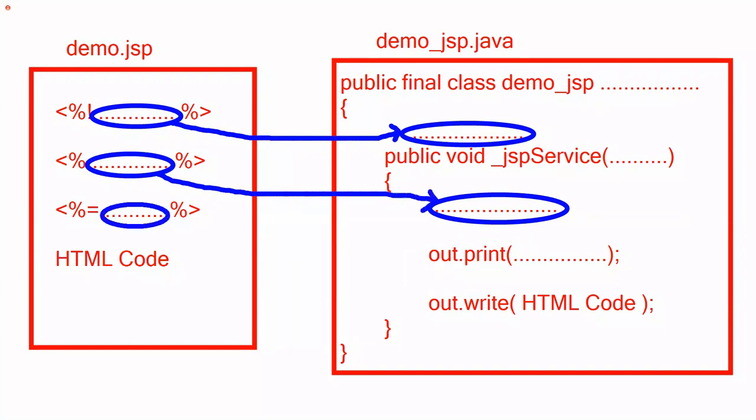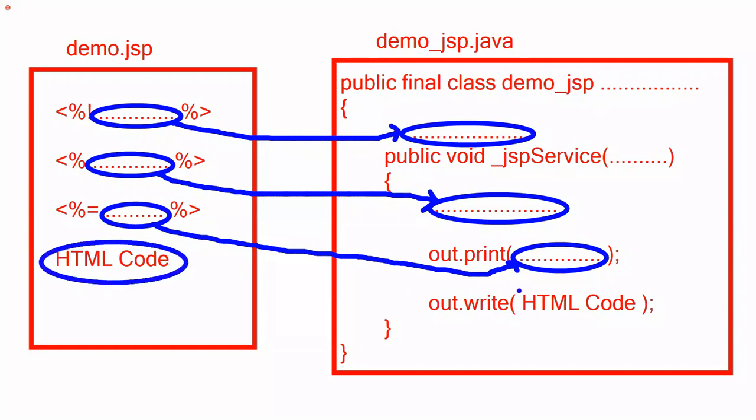Whatever you write in the expression goes in out.print. HTML code goes in out.write.